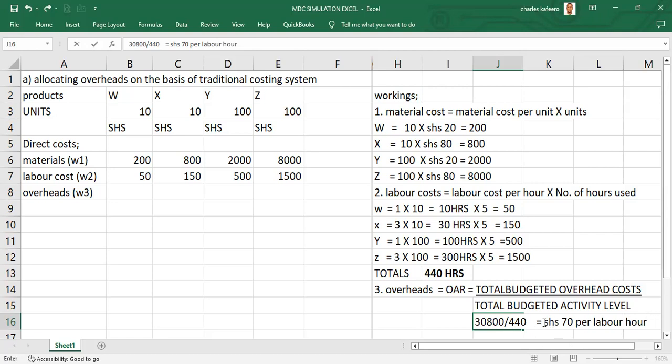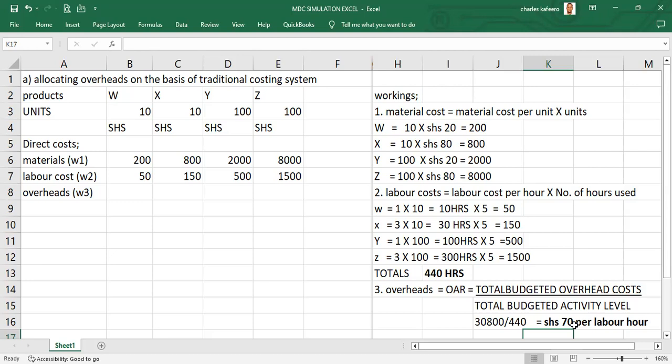What this means is that whatever figure we divide the cost by, the activity level, it's more of dividing the total cost by the number of units. By doing so, we get the cost per unit.